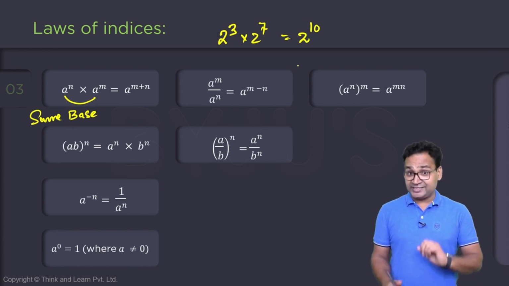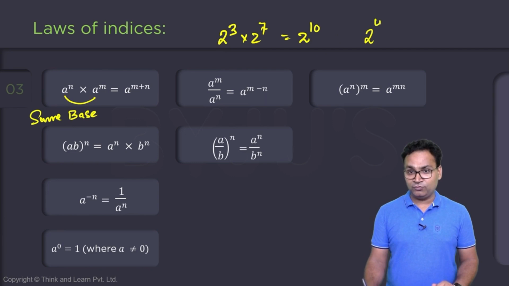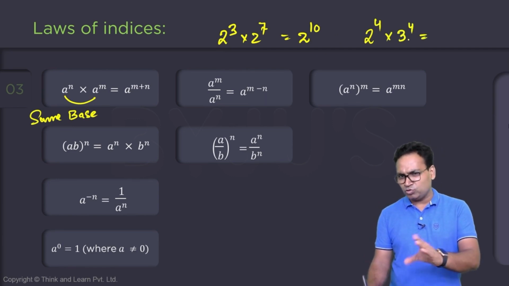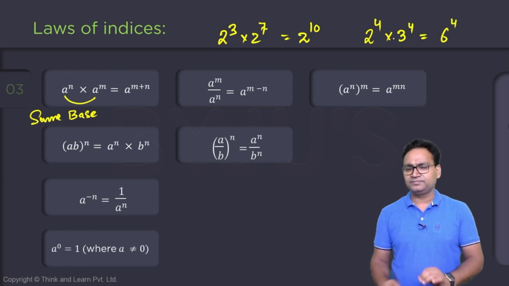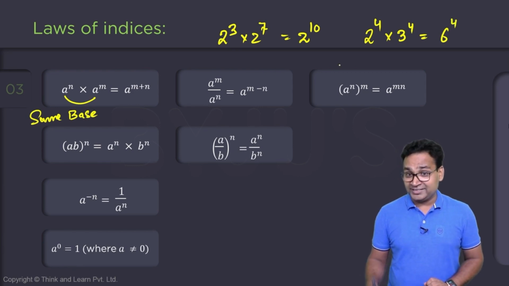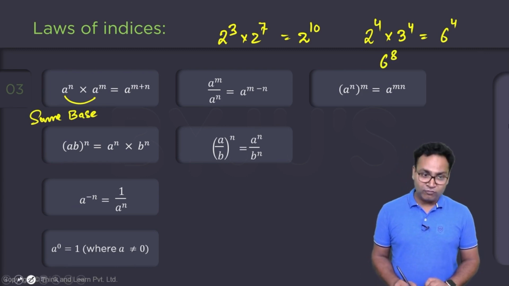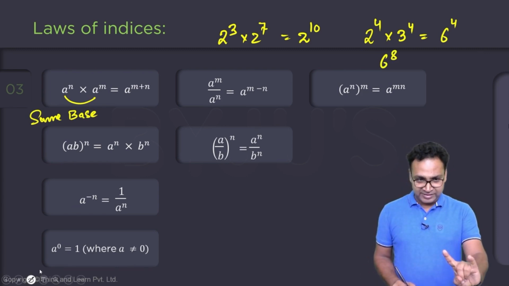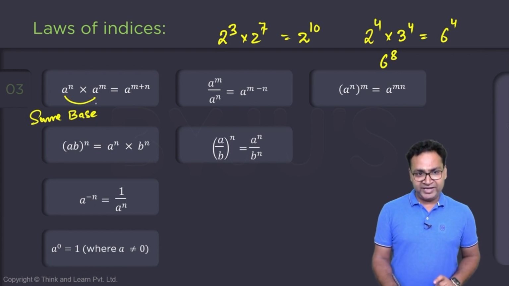Right? Now, let's say we have 2 power 4 into 3 power 4. Can I say it is 2 into 3, 6 power 4? Or can I say it is 2 into 3, 6 power 8? Which one is correct? The basic rule is, if bases are the same, operate on the powers.